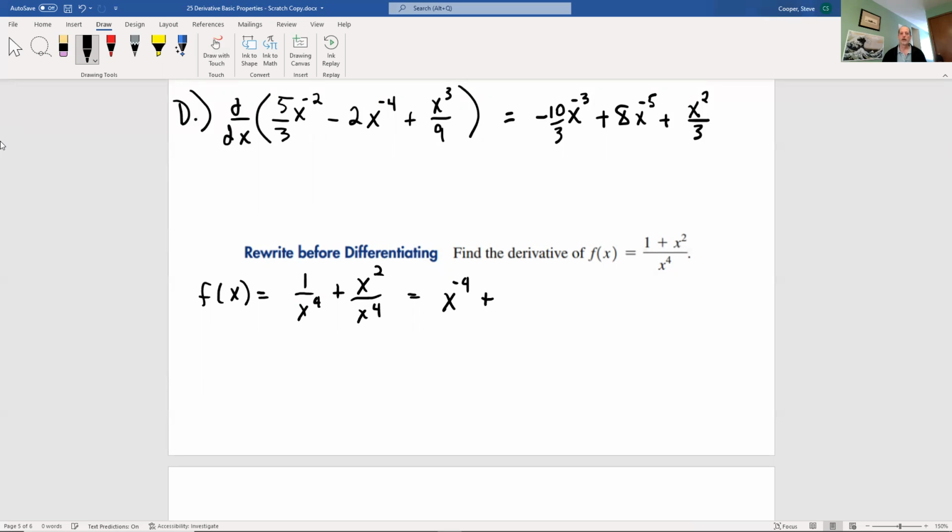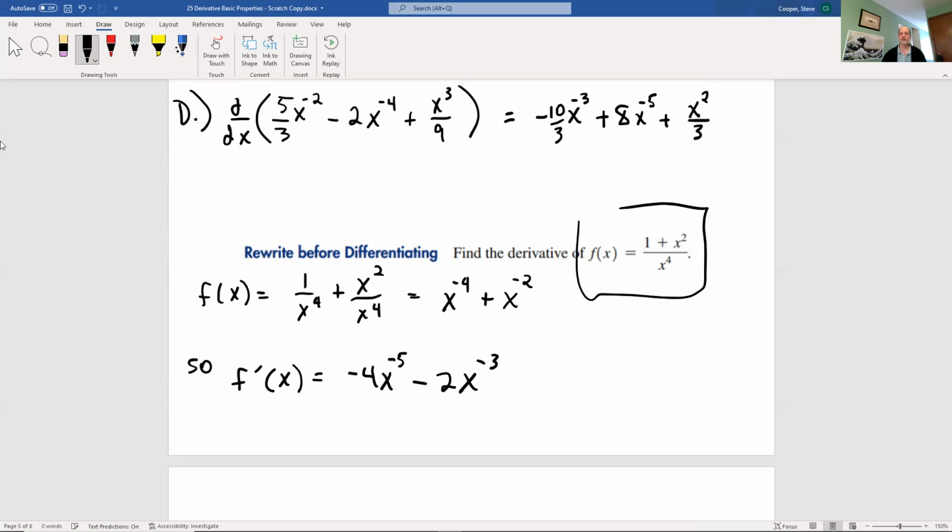And then this would reduce to x. This is like 1 over x squared, so that would reduce to x to the -2. So we can actually calculate f prime of x after we do that to be -4x to the -5th for this guy. And then, since I'm taking a -2 out front, I'll make that minus 2x to the -3. Okay, so given this f of x, the derivative is that.